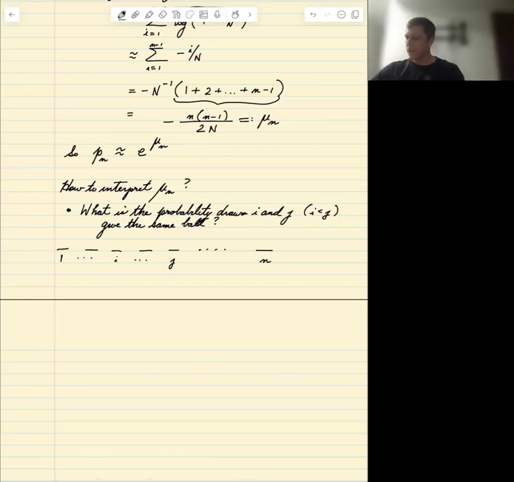How many choices are there for the ith ball? We have to pick one of the capital N balls for the ith.